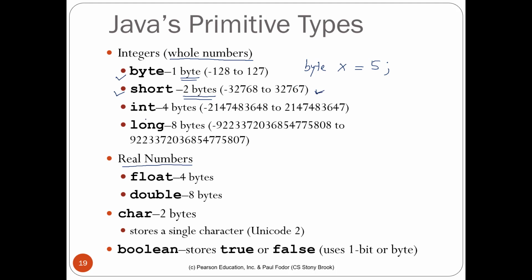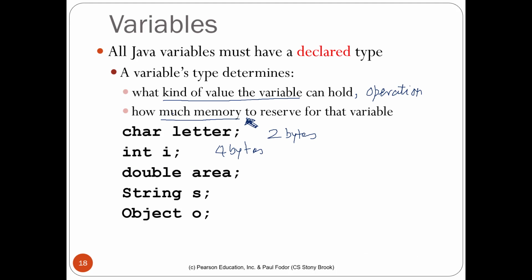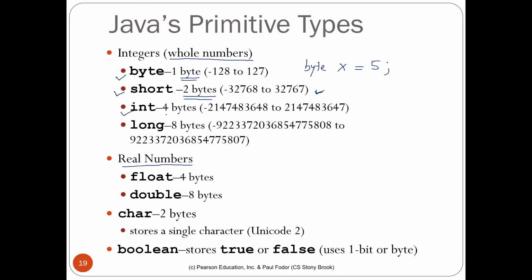Now integer is 4 bytes. I just want to say, okay, I was correct there. 4 bytes, it's double the size of short, and you should see the range also. This range is considerably higher than the range of integers you can represent using short. So you should have this idea in mind, right?